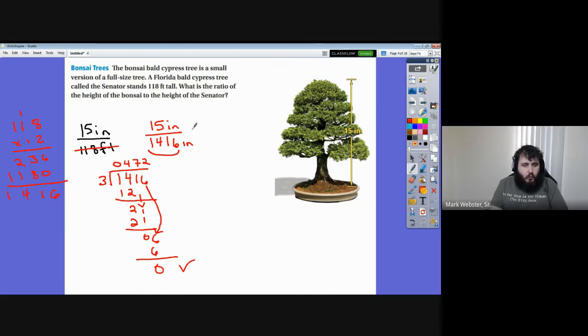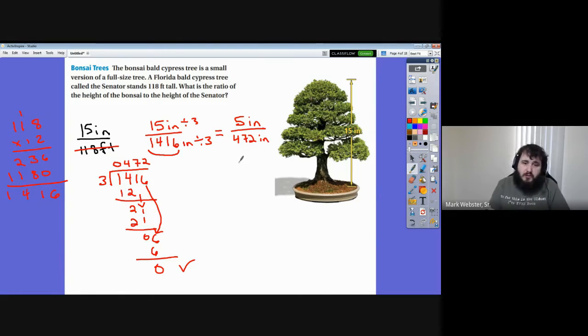So when we divide the top and the bottom by 3 to get simplest form, 15 divided by 3 is 5. And then 1,416 divided by 3 is 472. And so I will tell you that this 15 inches to 1,416 inches is a perfectly fine ratio.